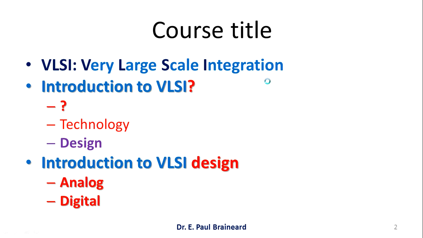Now what is the meaning of integration? All the semiconductor devices like transistors, diodes, etc. and the circuit elements like resistors, capacitors, etc. of a circuit, all of them are fabricated on a single piece of silicon, including the interconnections.